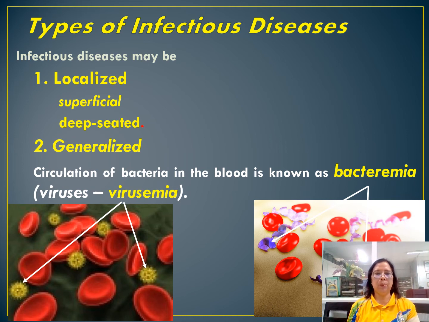And if bacteria is the one causing the generalized infection, we call it bacteremia. If it is virus, then we call it virusemia. No? So these are illustrations of blood cells, and these are the virus. And in this case, you have the bacteria and you have the red blood cells.